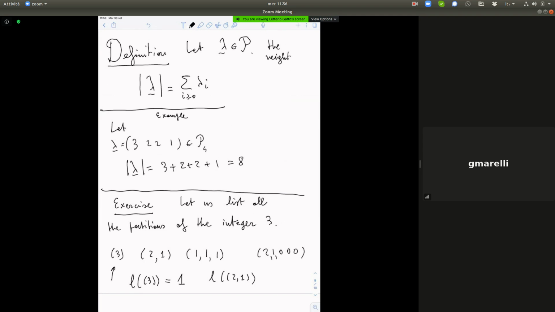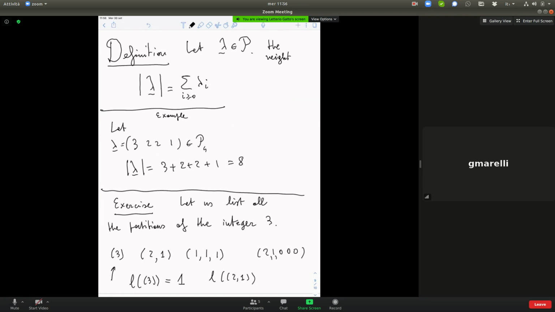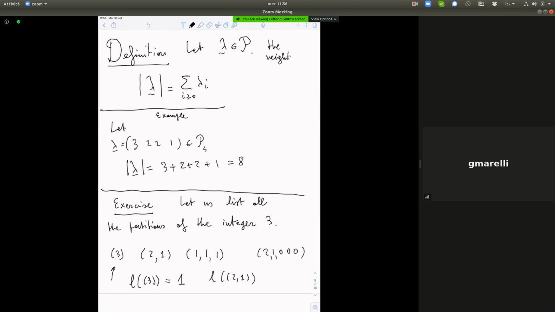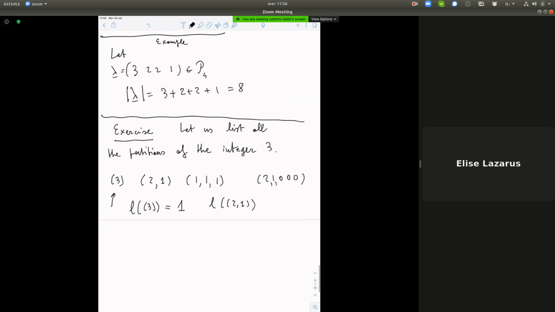Elise, forgive me, because I'm not seeing your name. Elise, do you want to tell me the length of this partition? If you forgot, it is just counting the number of the parts. Two, and the length of the partition 1, 1, 1. That is 3. Very good, very good.